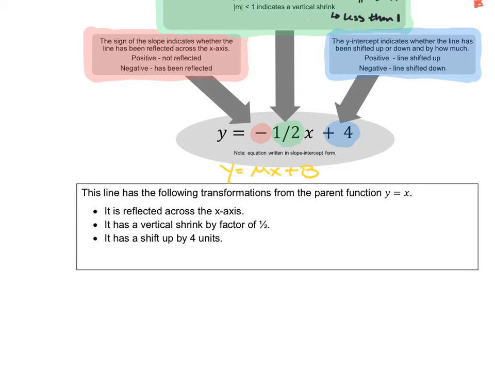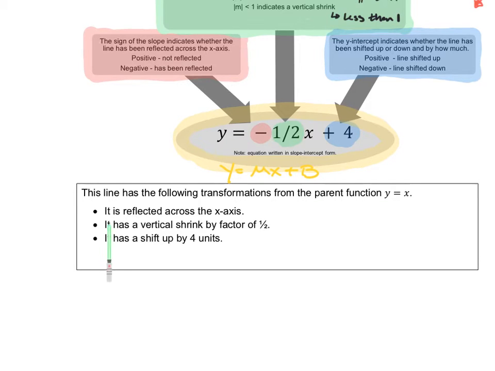Here is what a question would look like. It would say, tell me the following transformations from the parent function y equals x. You would be given this equation, and you would have to tell me what each of those things means and what it does.